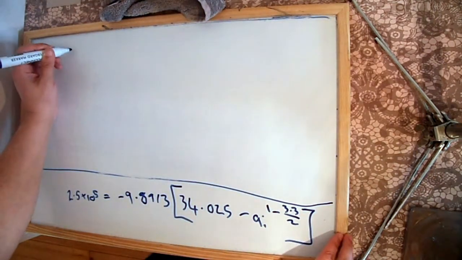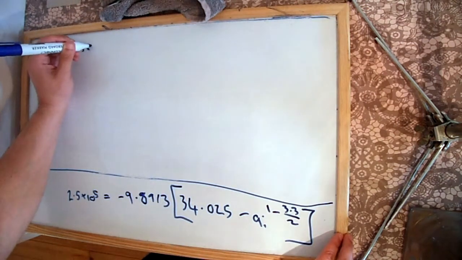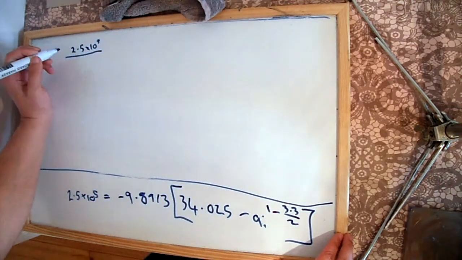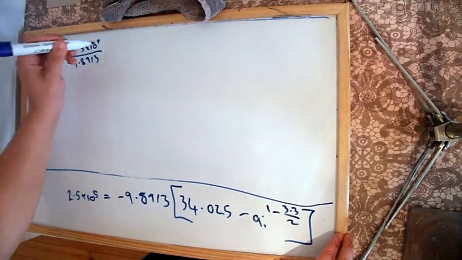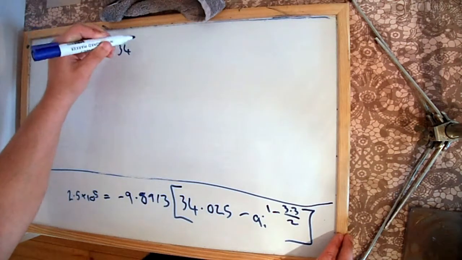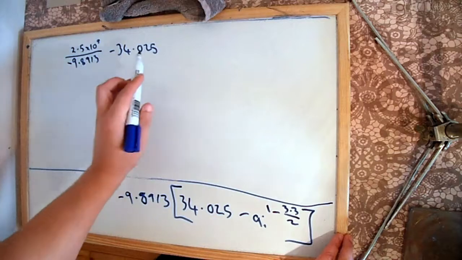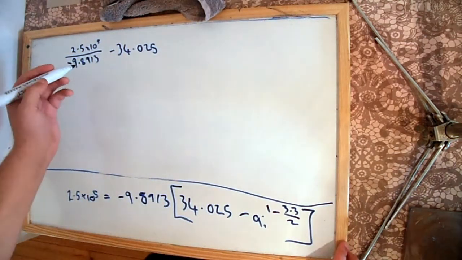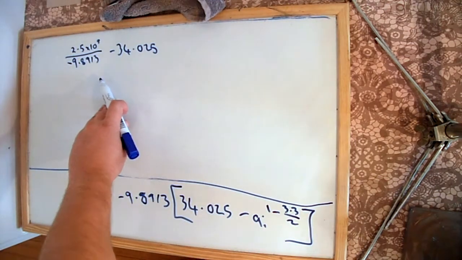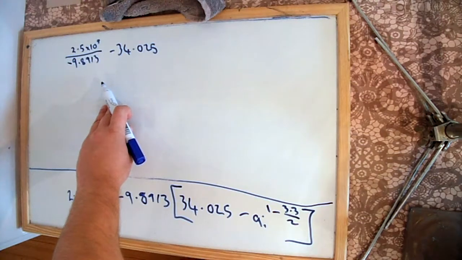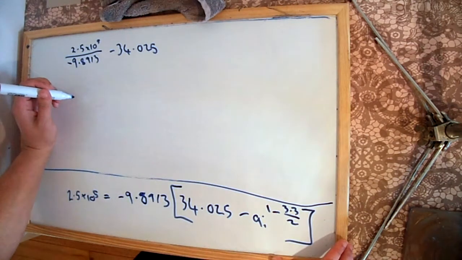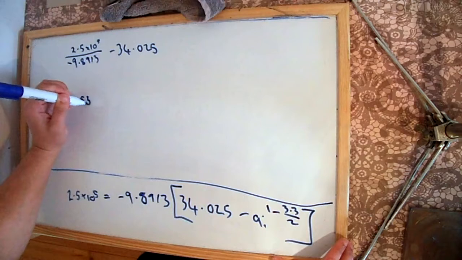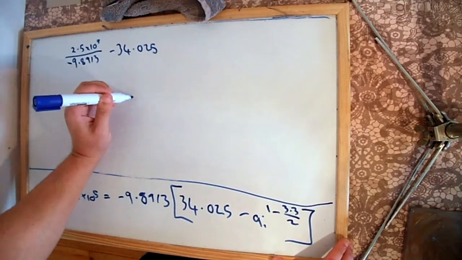So I'm going to take this number divided by minus 9.8913, and then take away 34.025, input that in the calculator, and you end up getting 25,308, which is equal to AC.